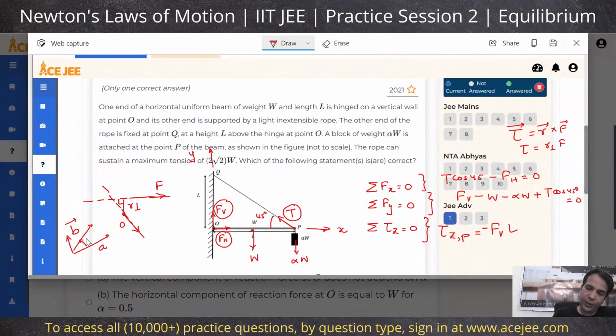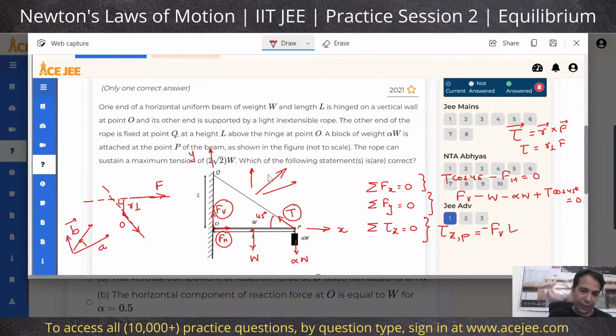Sir, what exactly are Fv and Fh? Okay, so these are the reaction forces. These are the forces that the hinge at O is applying on the rod. We know the force is going to be somewhere in that direction. It might be like this, it might be like this, who knows?